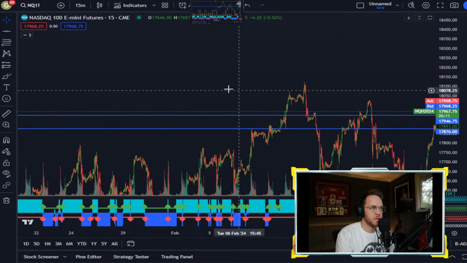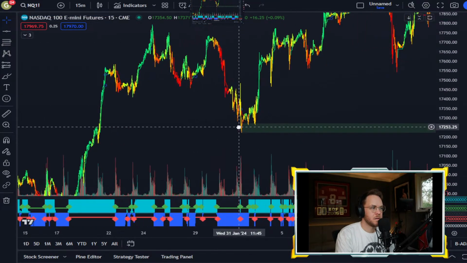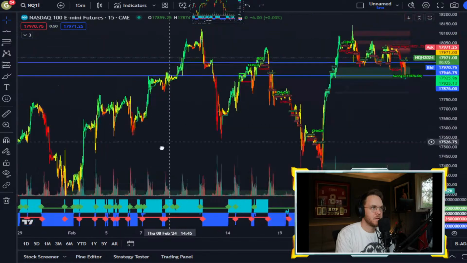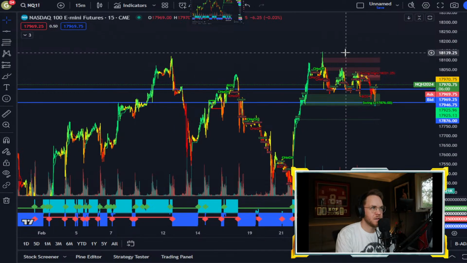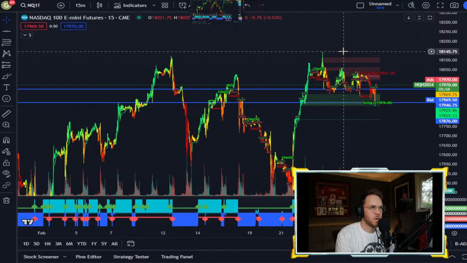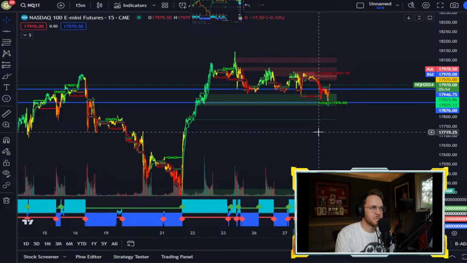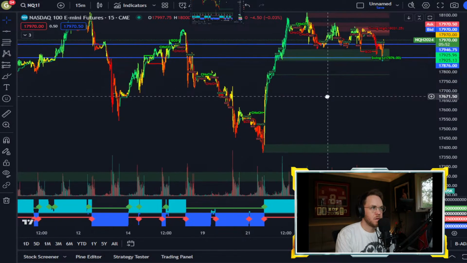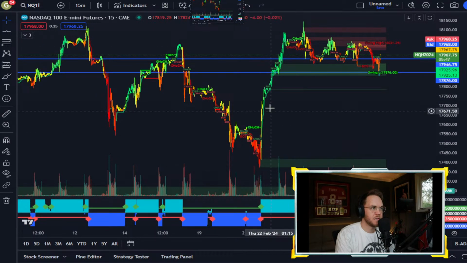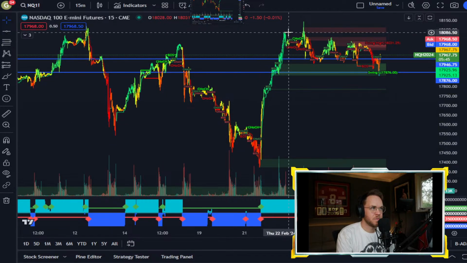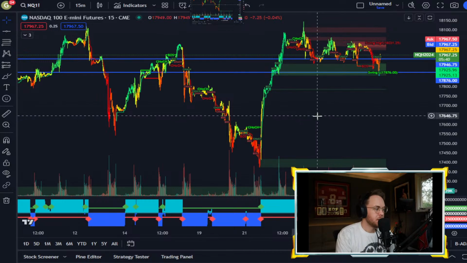This is the 15-minute. All-time highs, technically, we're back here at 18,144, which is part of why I think this short is not done playing out. This was last week, the day after Nvidia released their earnings, when the Nasdaq just went bananas.